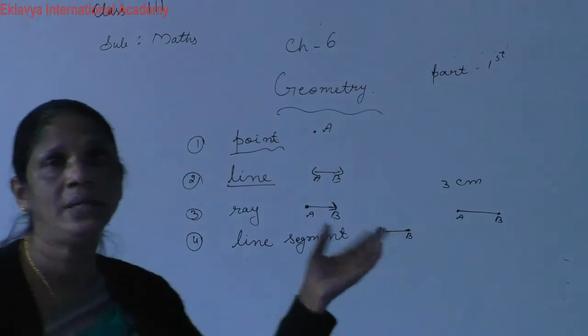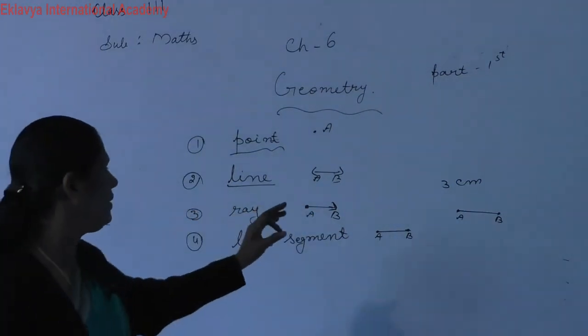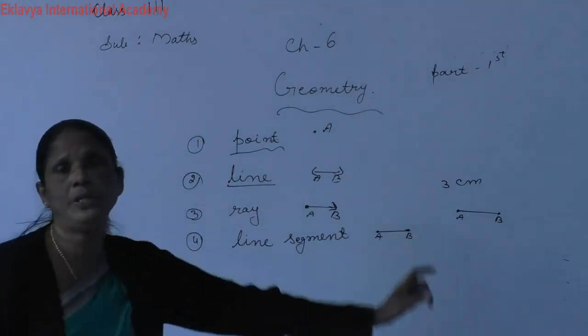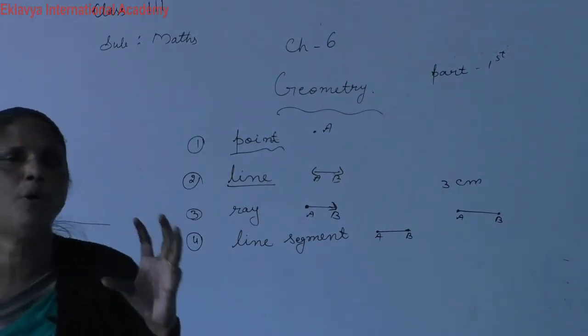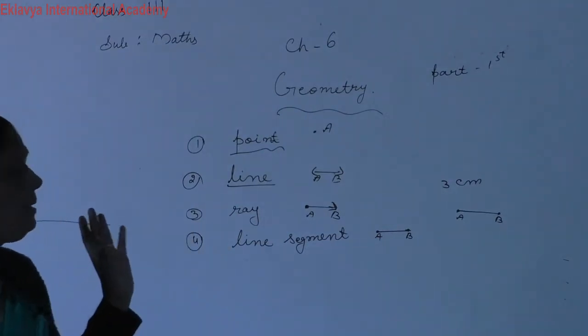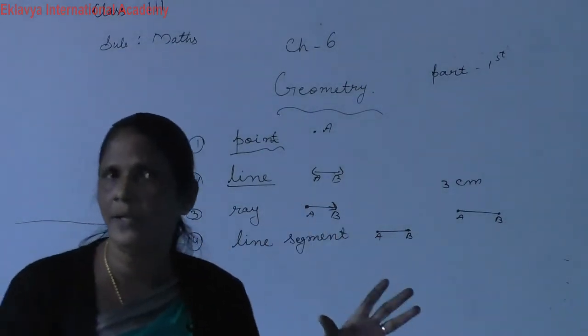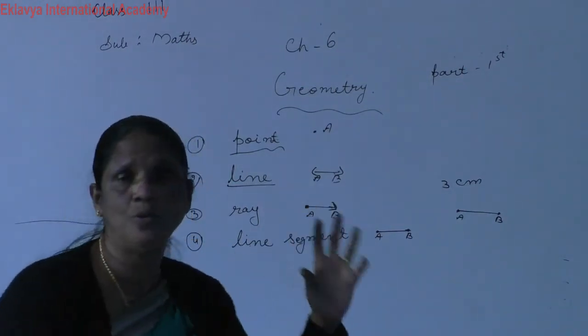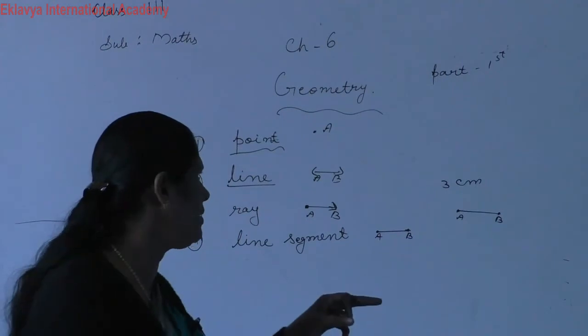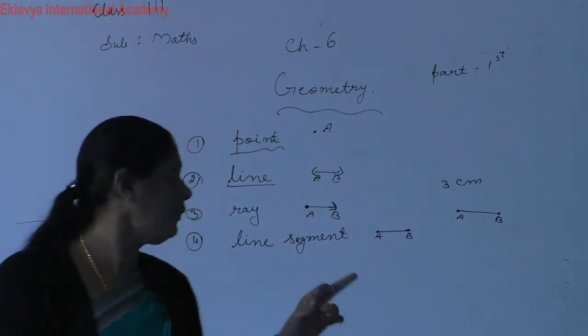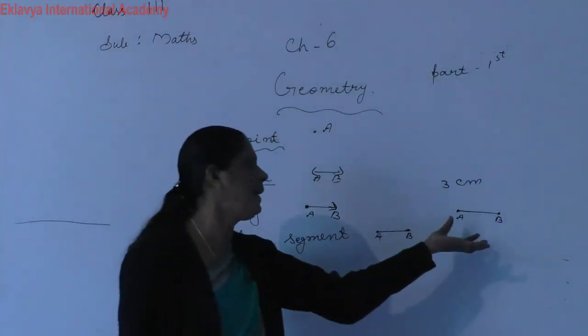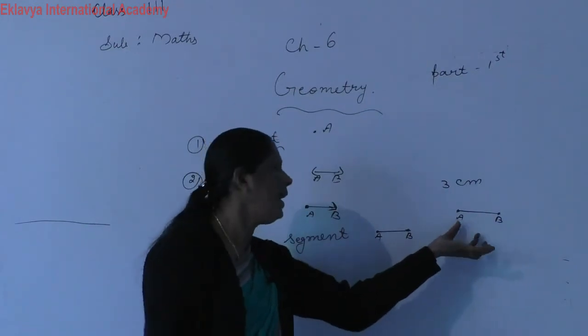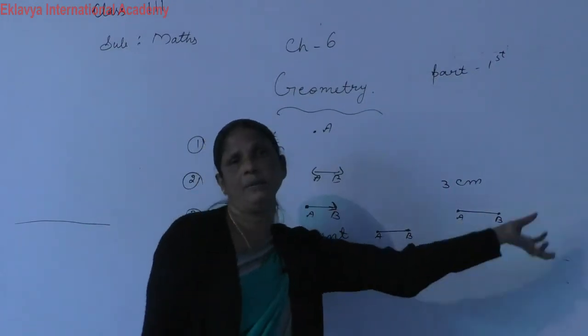The starting point is called the initial point. A line segment is a part of a line with a definite length and two end points. The symbol of line segment is line segment AB.